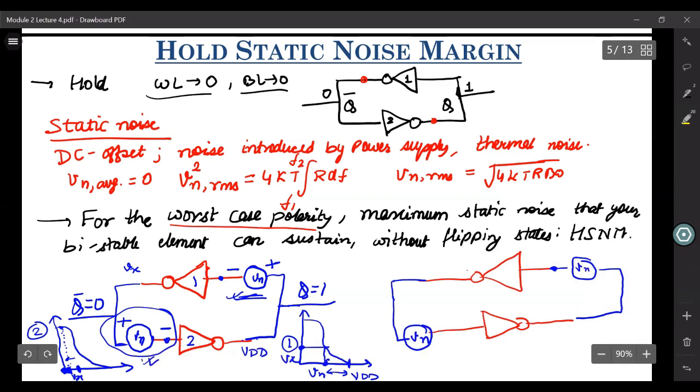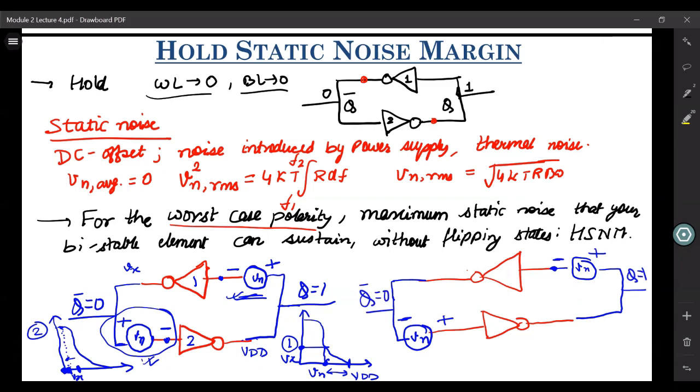Okay. So now with this, let us keep the polarity of this same, because it was flipping the bits in the other direction. But here, instead of having minus and plus, we use plus and minus. Now let us call this Q bar equals 0 and Q equals 1.